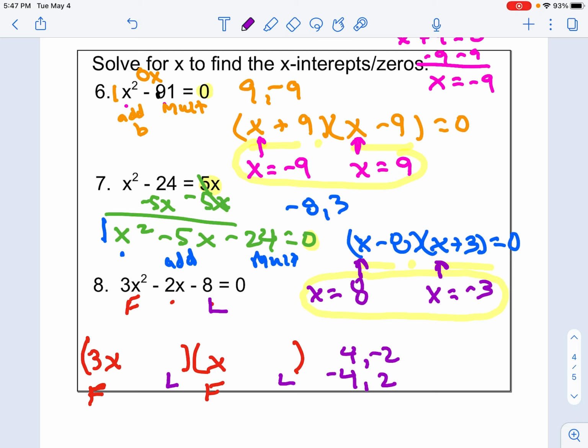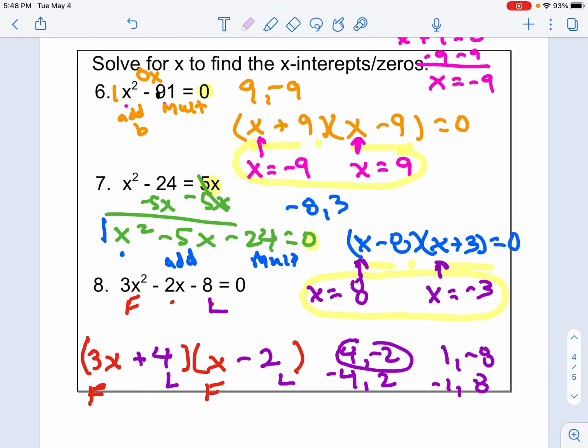In this case, actually, one of them does add up to -2 by chance, but typically it won't, because what we have to do is just guess and check. So let's say I try this combination first. And of course, I could also have 1 and -8, or -1 and +8. Those are my combinations to try. So I'm just going to go ahead and circle one and try it. So that means I'm going to put in +4 and -2.